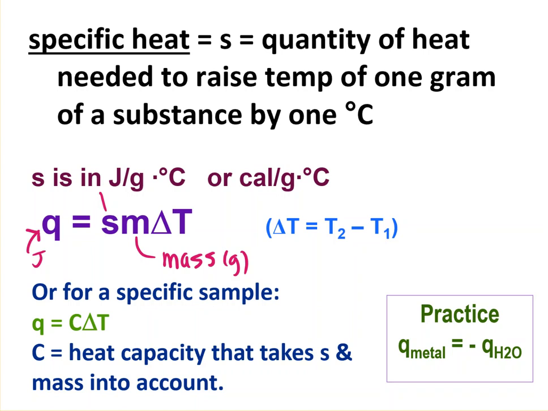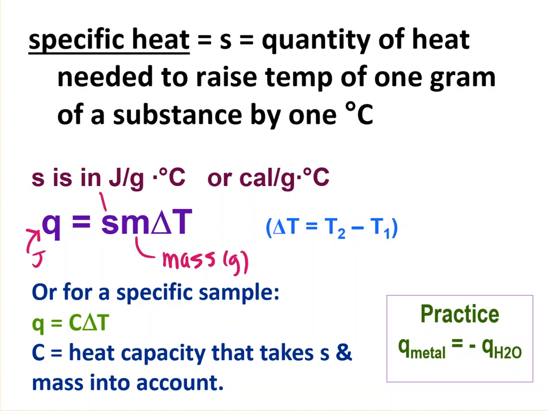This one is another form. It takes into account the object and its specific heat. If you're talking about a specific object, like a pellet of metal that has a set size, you may have its heat capacity, and instead of putting together specific heat and mass, it's all built into that one thing.